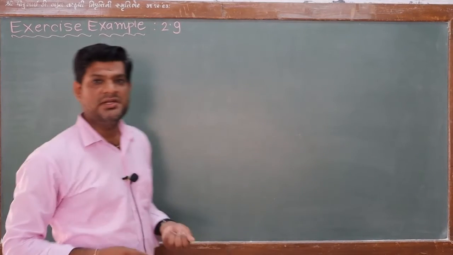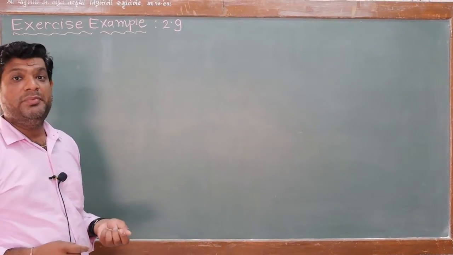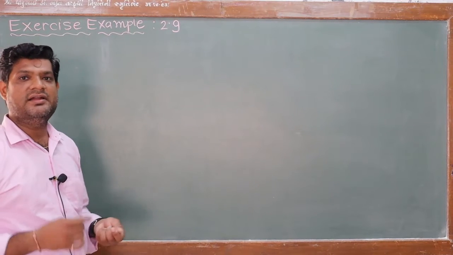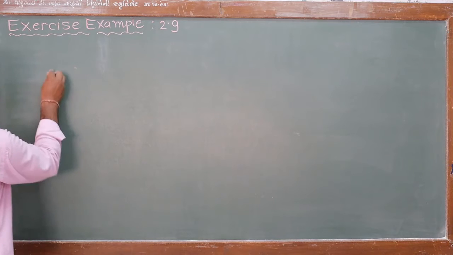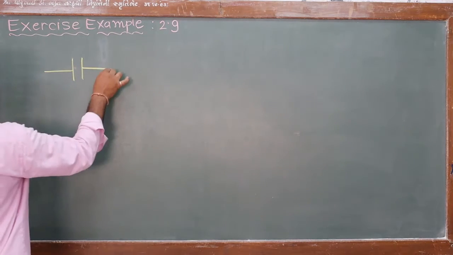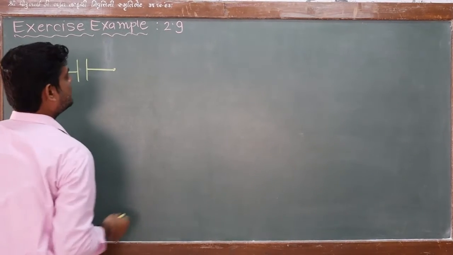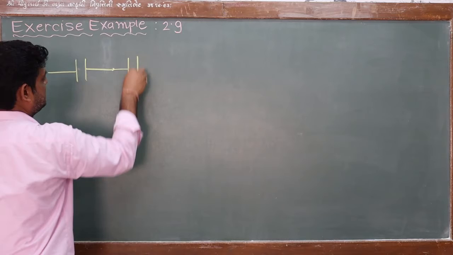First of all, the three capacitors are each of 9 picofarad and they are connected in series. We know the series combination. This is the first capacitor. At the second end of the capacitor, we join the first end of the second capacitor.